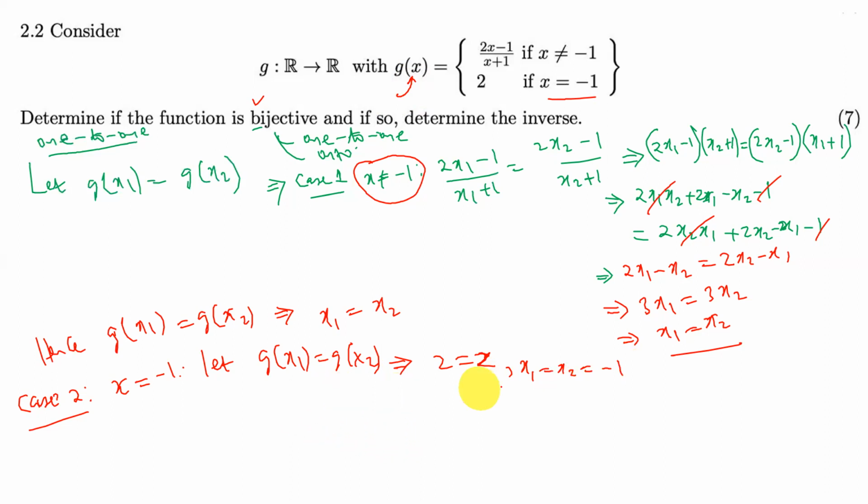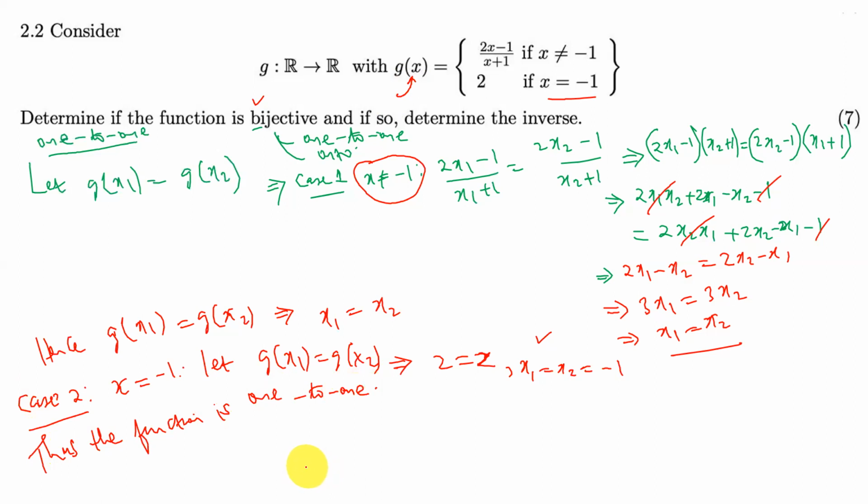Okay, so g(x1) equals g(x2) means x1 is equal to x2, and hence the function is 1 to 1.